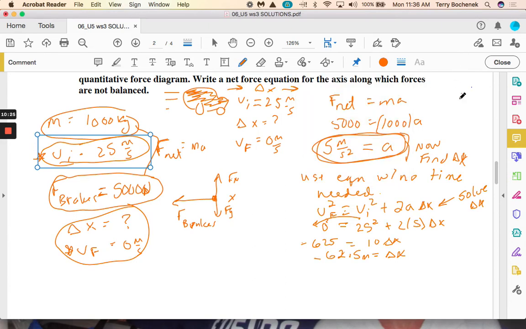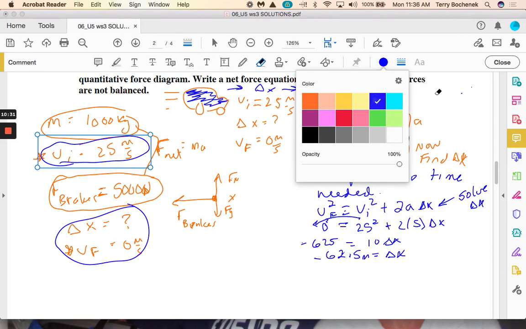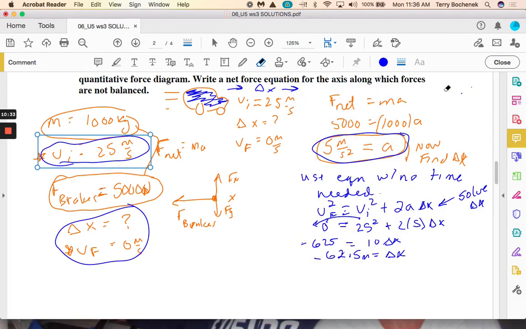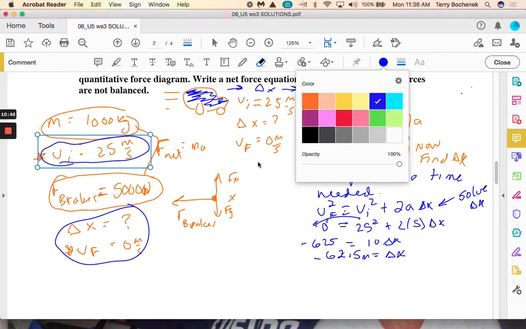I forgot to add the following. I forgot to add a negative sign. I'm going to add a negative sign to the acceleration. Maybe that will work for me.